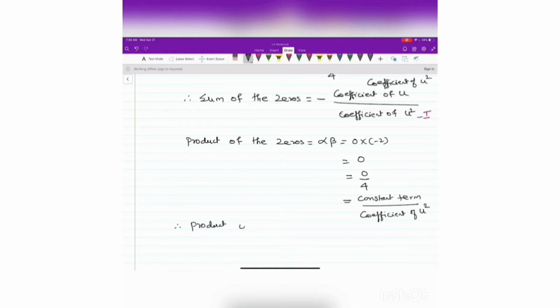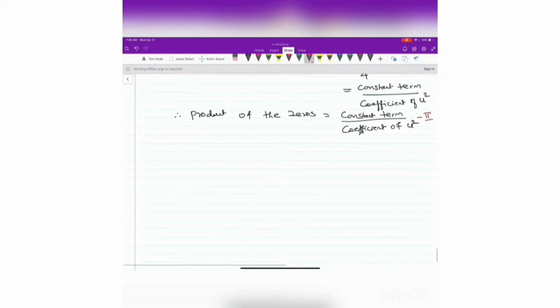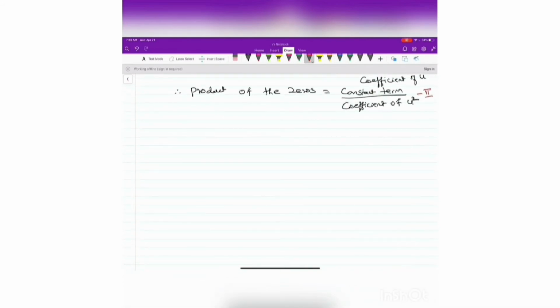Therefore, product of the zeros is equal to constant term by coefficient of u square. Let me name this result as 2. And our aim is to write the answer for the second part.